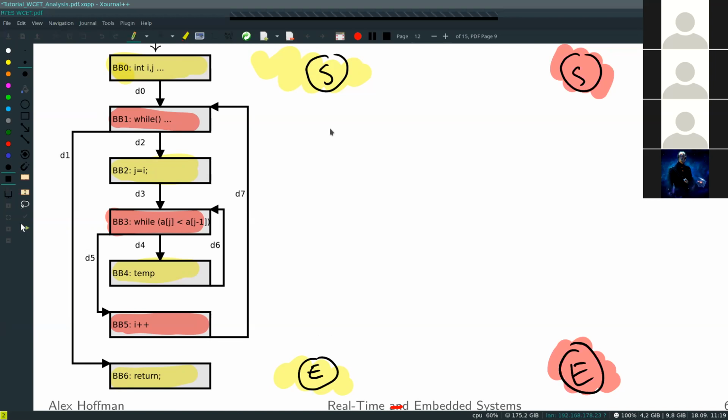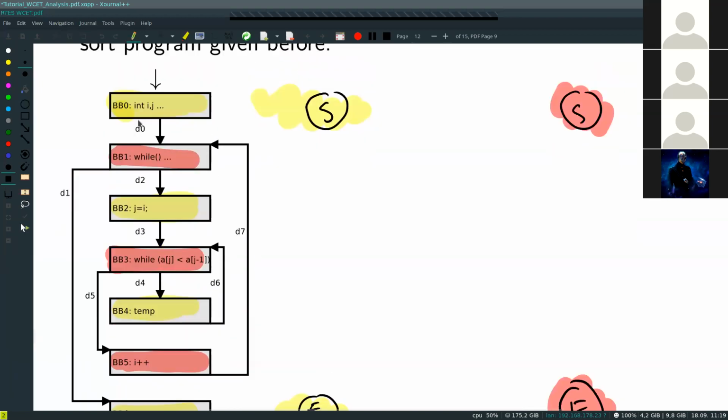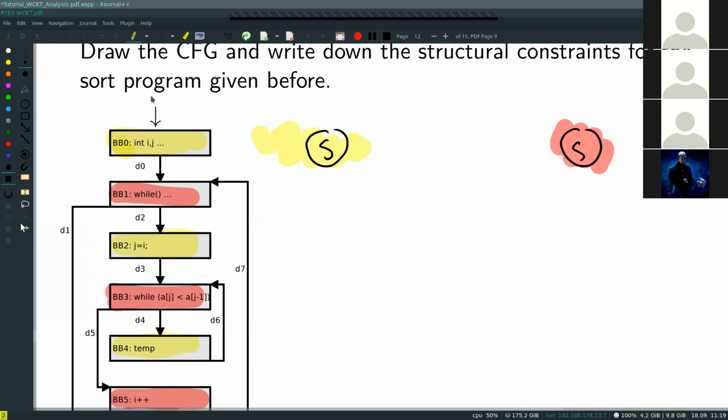So where would I go from S on the yellow cache graph? If I'm starting my program up here, where would I land on my yellow cache line?